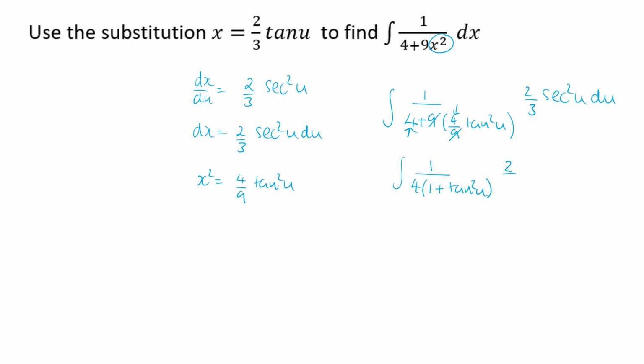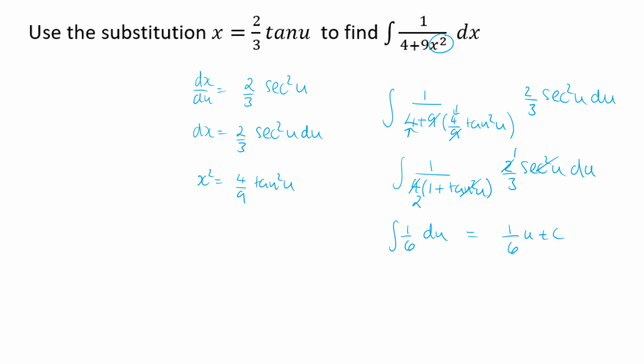So that's going to be good because that can cancel with the sec squared that's come from the dx. So those can cancel, and then the 4's can cancel with the 2, so 1 and 2. So really I'm just going to be integrating 1/6 with respect to u. So that's just going to be 1/6 u plus c.